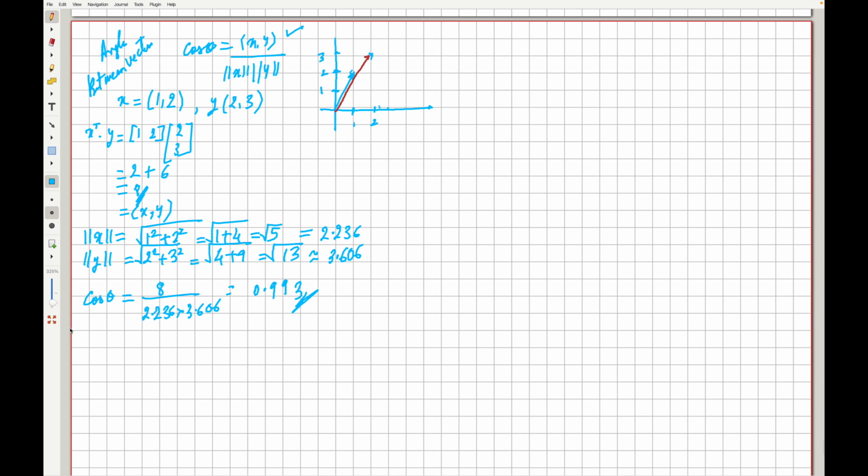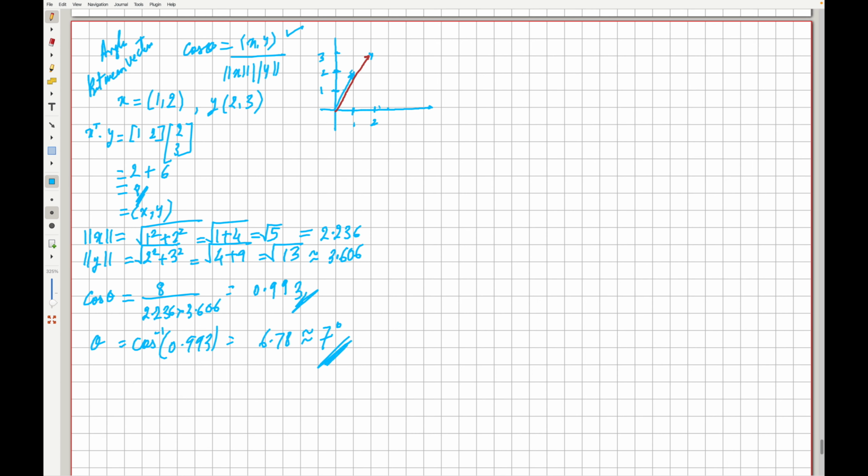So now if we take the cos inverse of 0.993, theta is equal to cos inverse of 0.993, which gets us a value of 6.78, or about 7 degrees.